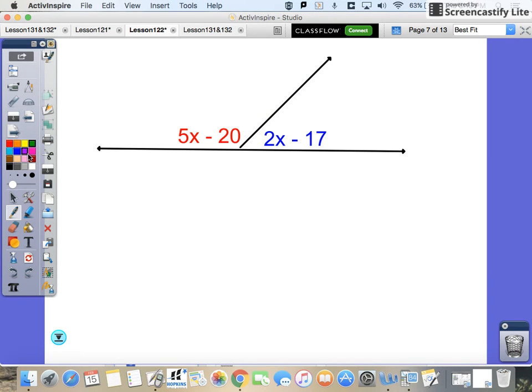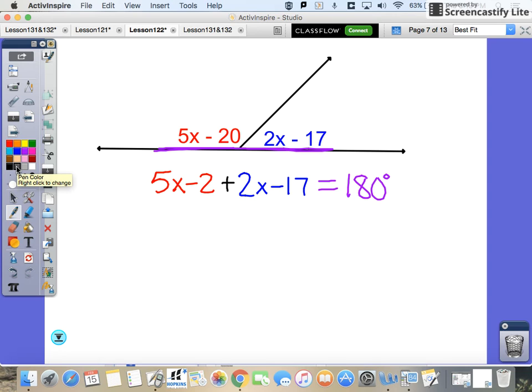Let's try the next one. So this one, we also know they add up to 180. So together they make 180. 5x minus 20 and 2x minus 17 combine to make 180. So what we're going to do is we're going to combine like terms first.